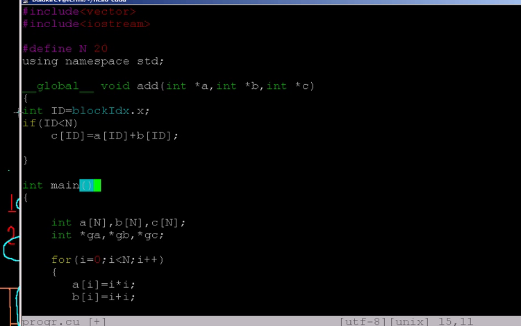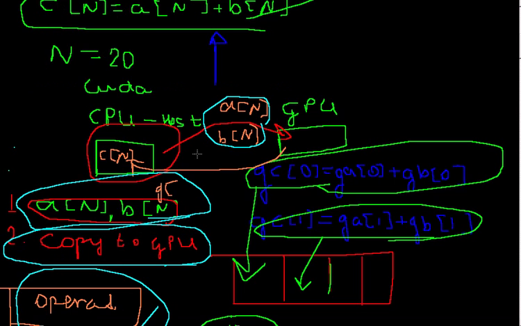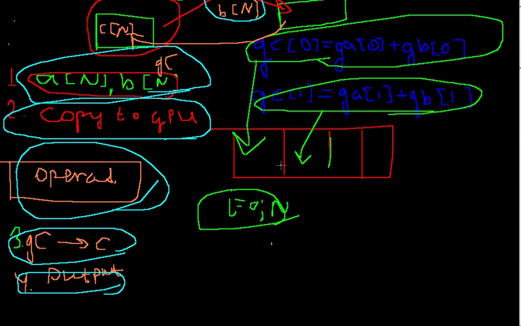Let's discuss this. What does this function mean? I have mentioned below that we make it parallel, and this parameter blockIdx.x is the number of this block.